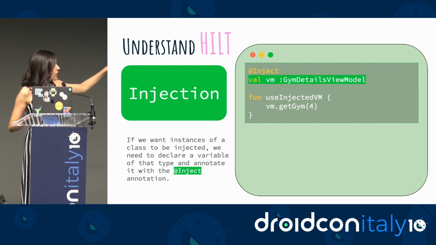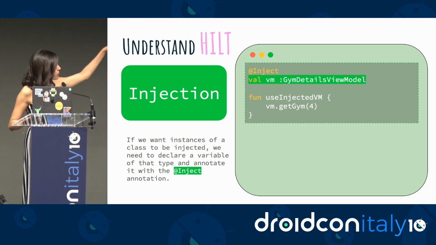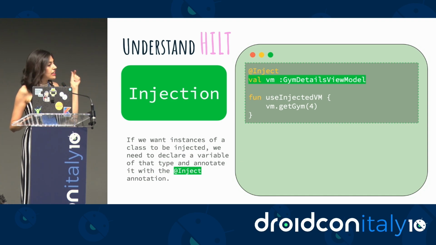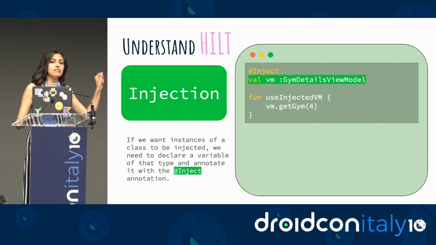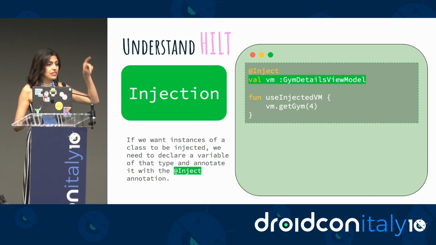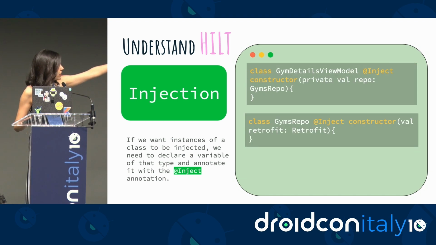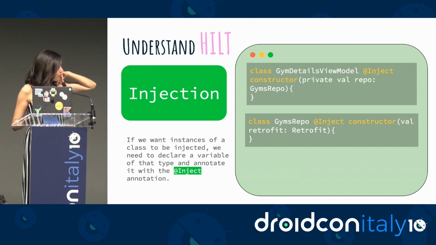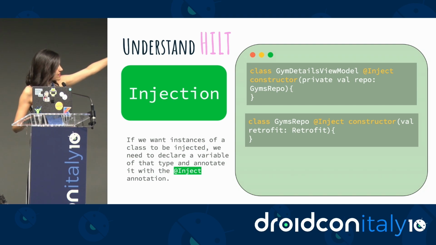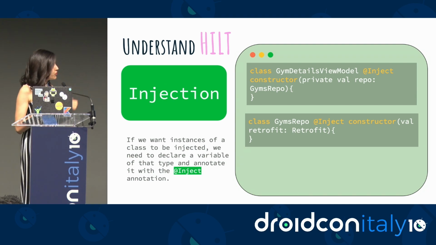So this means I want to inject the view model here in this class. But then I also have to use the same annotation inside the view model itself, annotating its constructor. If I look at its constructor, I will see GemsDetailsViewModel, @Inject constructor. So we add this to the constructor of the view model.